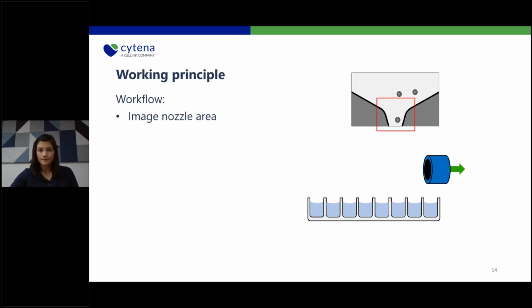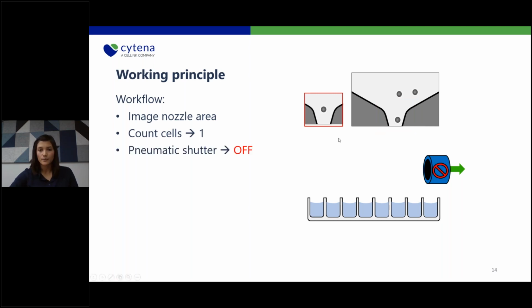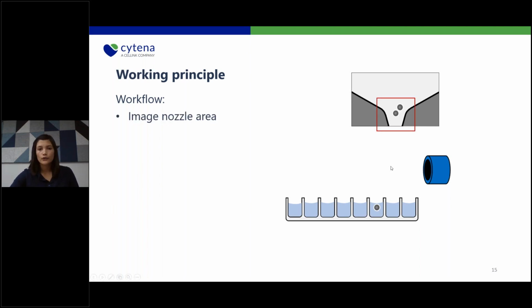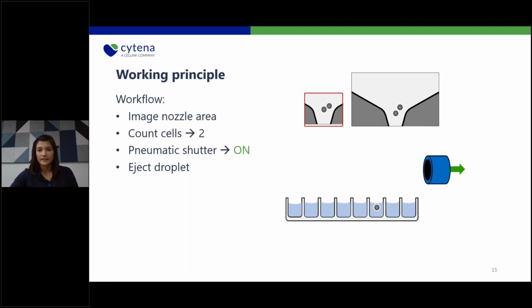In case a single cell is imaged and it fulfills the criteria, then the vacuum system would be inactivated, so the droplet will be formed and directly dispensed into the well plate. The same thing is happening with the vacuum system for 2 cells and also for cell aggregates. In this case, you don't want to have a droplet being dispensed into the well. Here, too, the droplet is removed by the vacuum system.